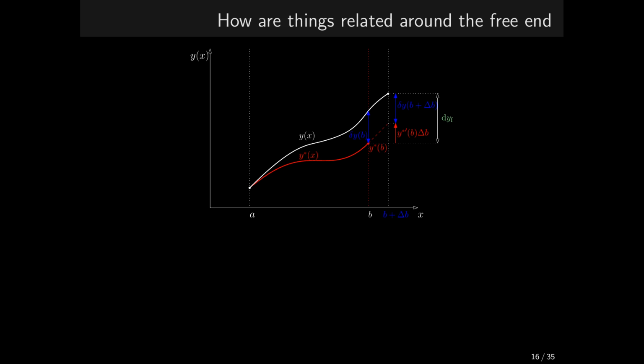Now let's have a more detailed look at what's going on around the free end. Here I add some more information into the figure. In particular, I introduce a brand new symbol, delta y sub f. It stands for deviation from the optimal final state, disregarding the actual time at which the final state is reached.